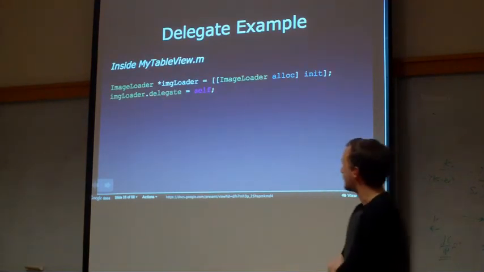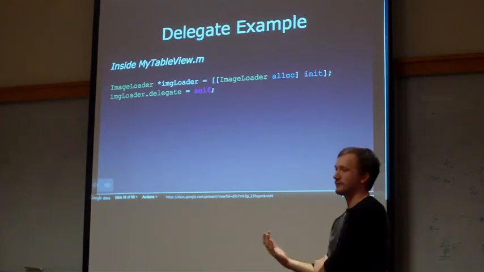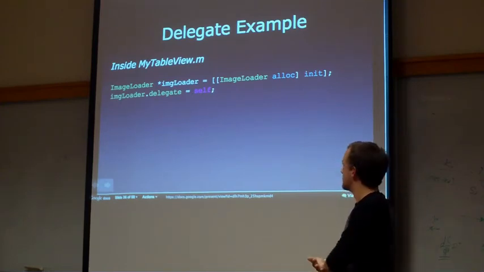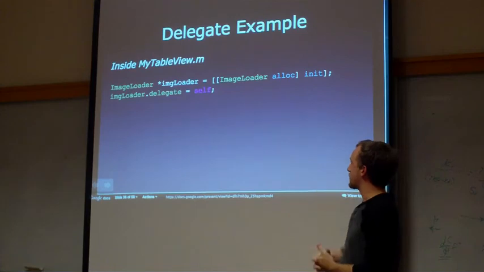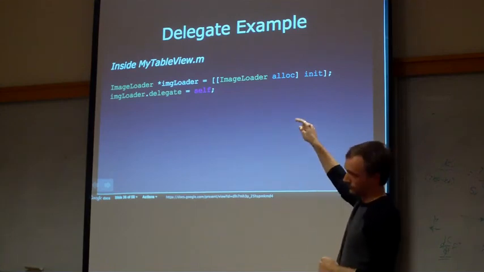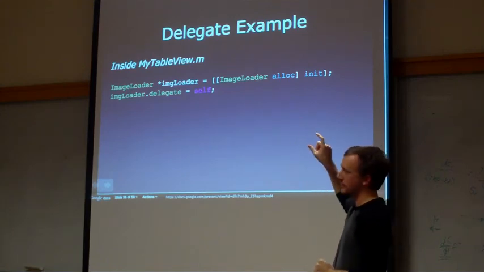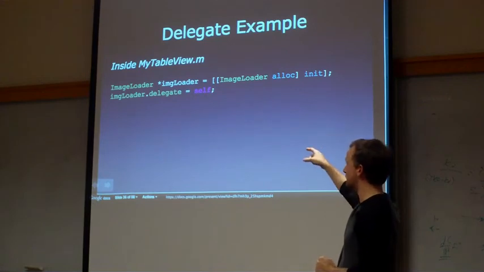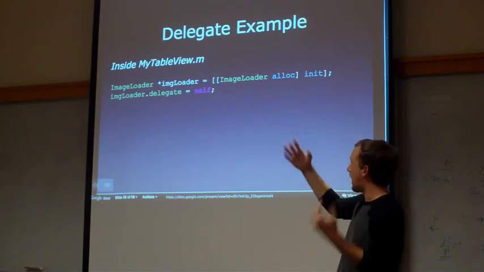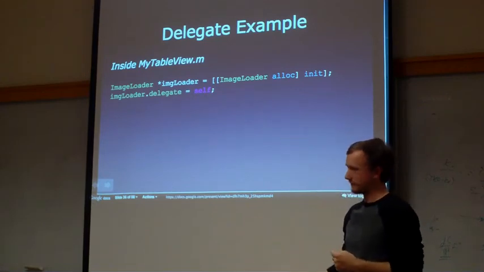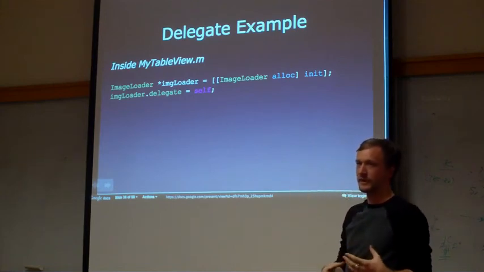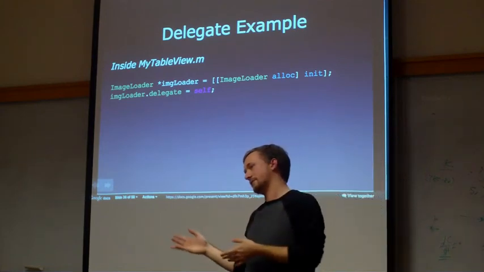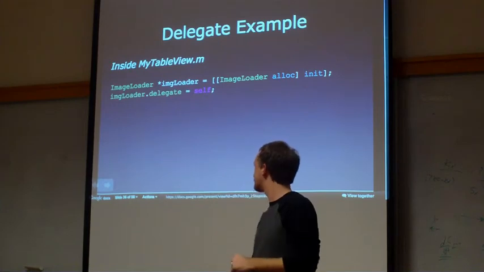So this is an example of syntactically how you would assign a delegate. Objects have a delegate property in MyTableView. In the MyTableView implementation file, you're saying, I want to be this object's delegate. That's the self. If you're used to other languages saying this, Objective-C always uses self.